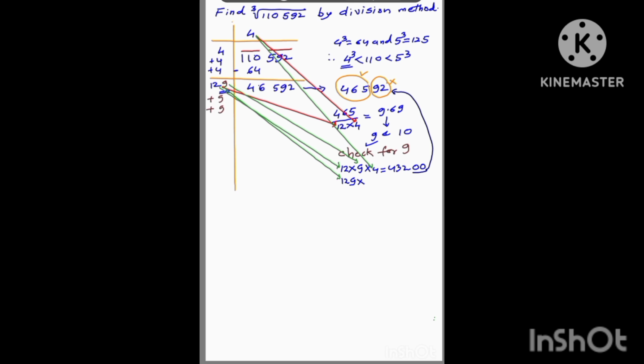See, this plus 9 we have done. So 129 into 9 into 9. Always follow this as it is, or try some problems, then you will not face any problem. Okay, 9 into 9, and carry out this multiplication. How much is it?